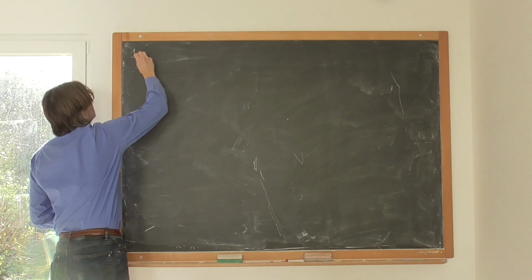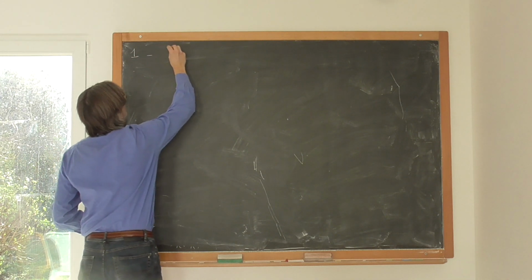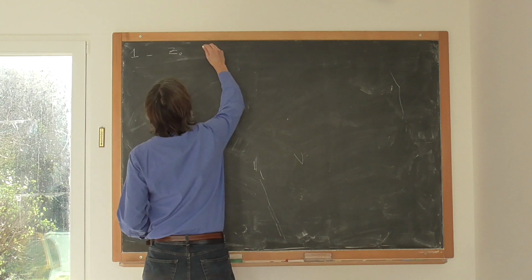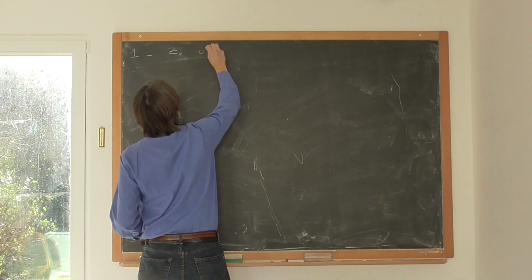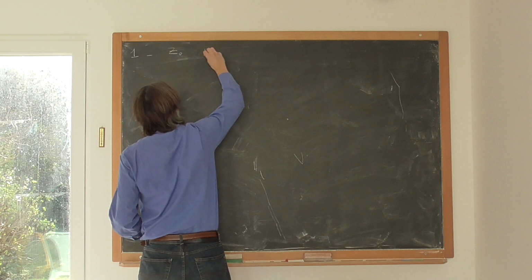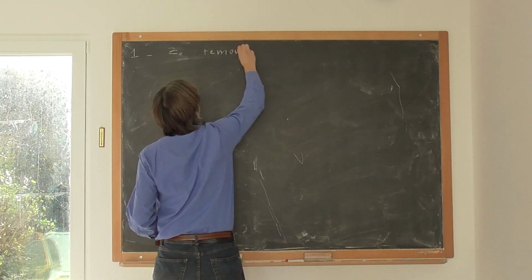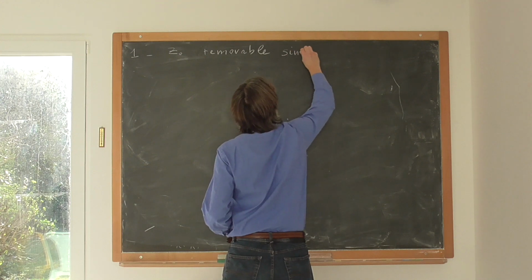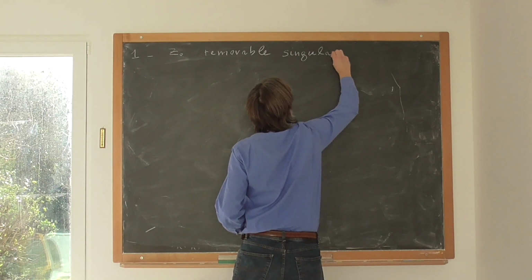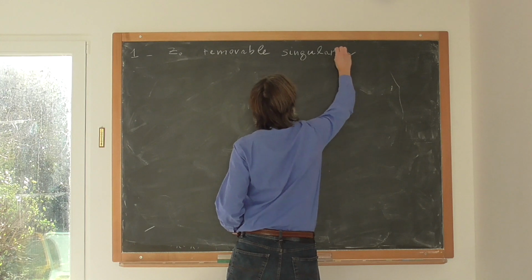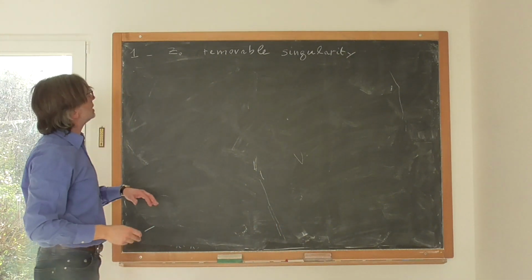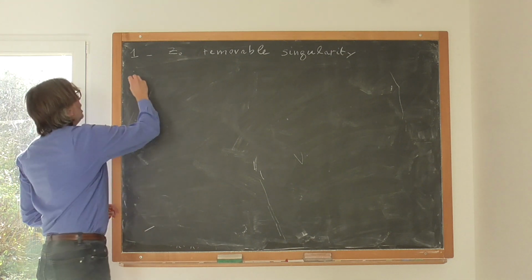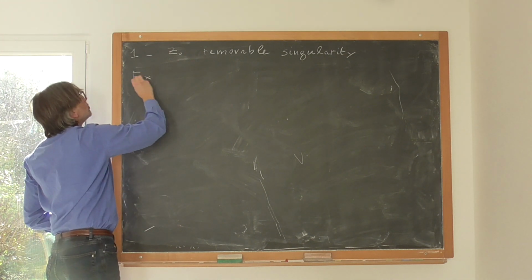One kind, we have already seen it: z naught could be a removable singularity. And we've already seen the definition. f can be extended as a holomorphic function also at z naught. Let's see immediately an example.